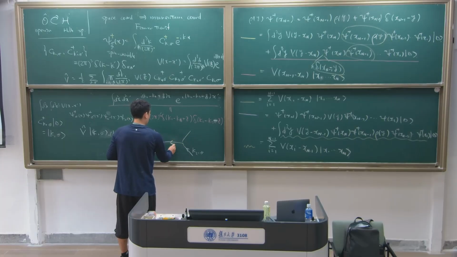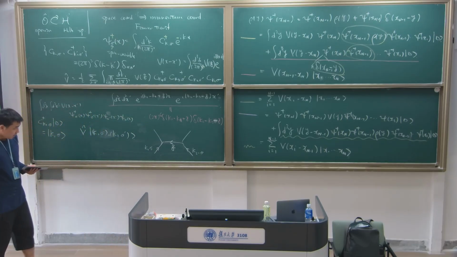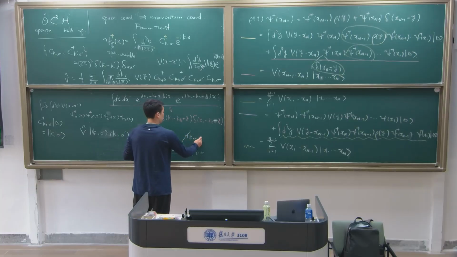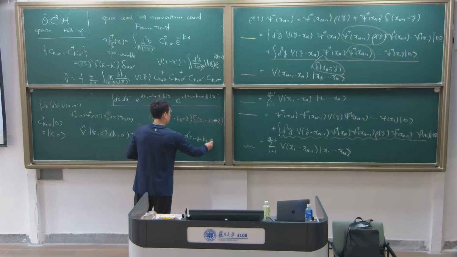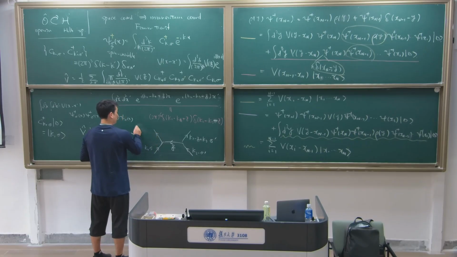you just emit the particle with momentum q, and then here you have K2 minus q, which is K3 sigma prime. And here instead you have K4 equal to K1 plus q.